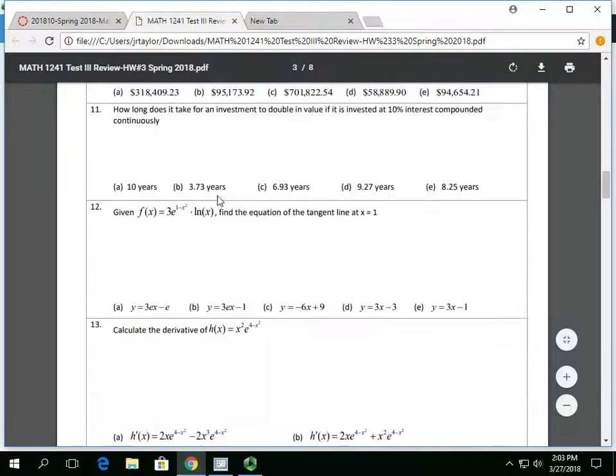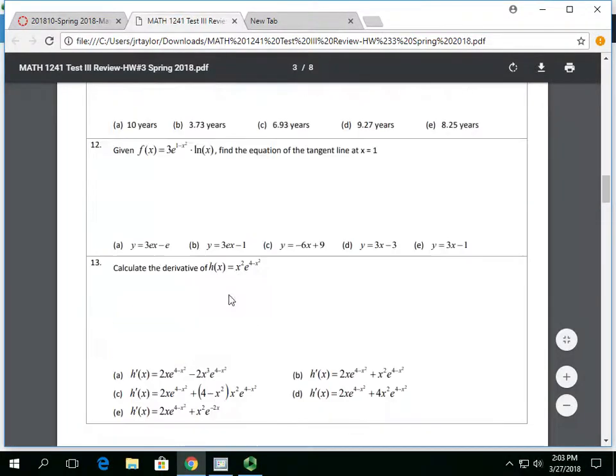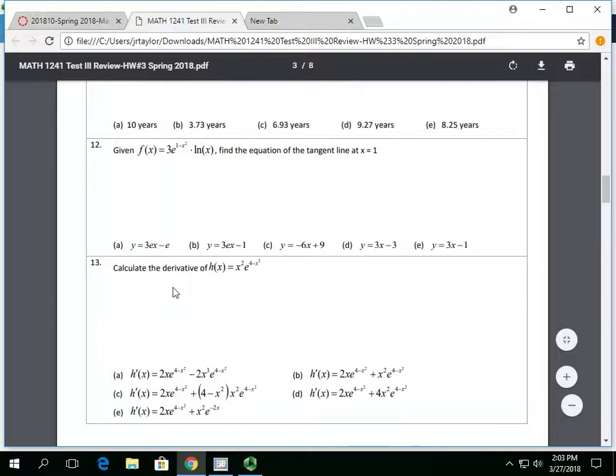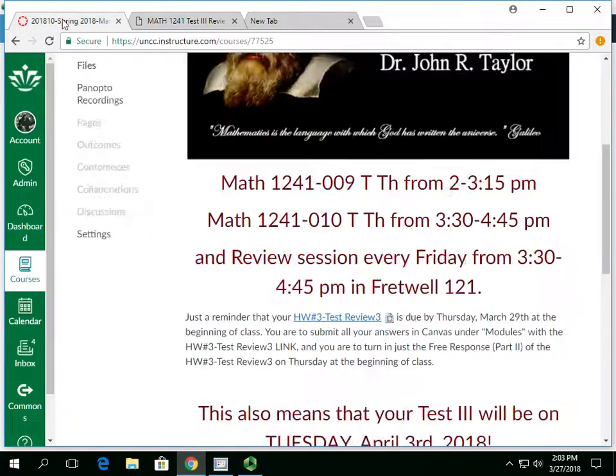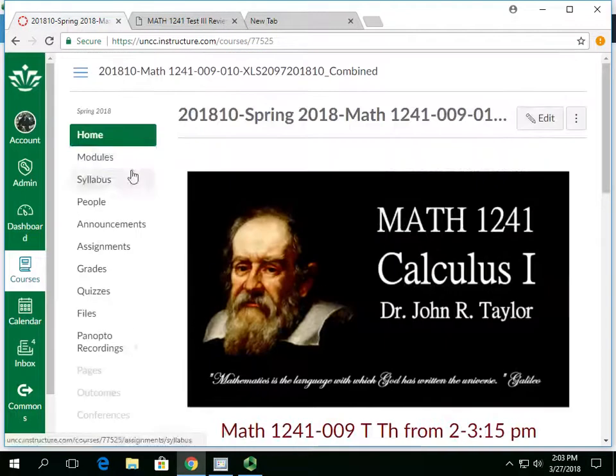But a couple of problems. Number one, question number 13 here and question number 13 on the Canvas side. Let me go over what you are supposed to do. Go over here to modules. There are some little typo issues, and we're still working on getting this thing working for us.